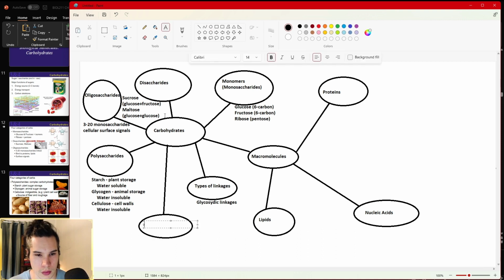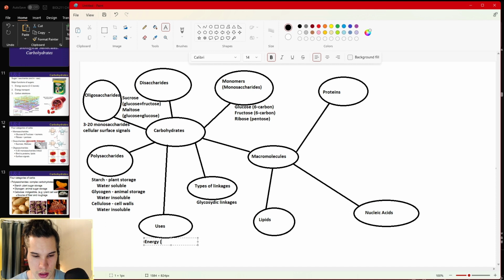All right. So last part, we'll just say, what are the functions? What are the uses of your sugars or carbohydrates? When we think of carbohydrates or sugars, we think of energy probably. So we'll just say energy.